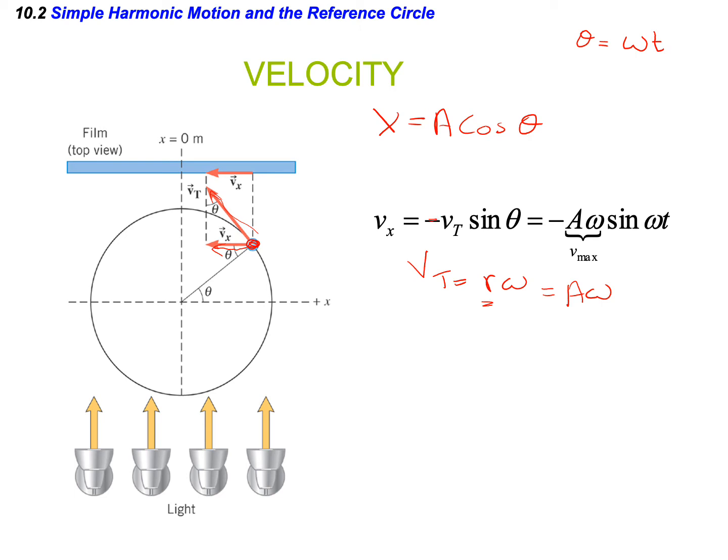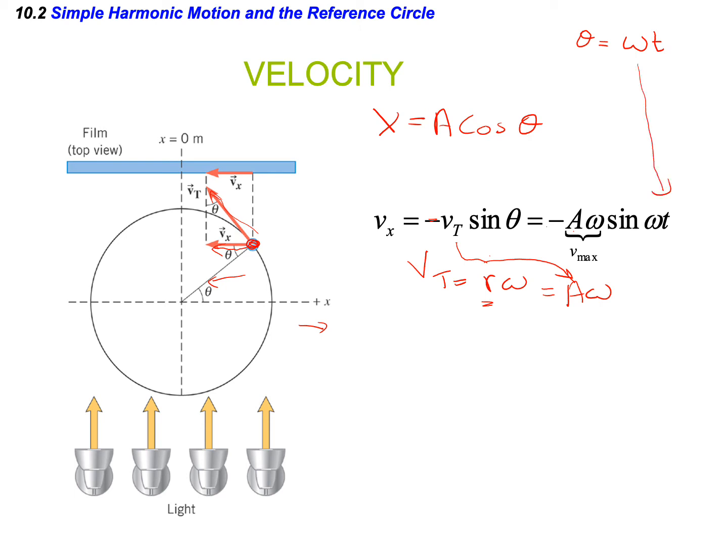You get a negative because Vx is in the negative x direction. This is your positive x direction. If you substitute r omega, or A omega, you get negative A omega, and theta is omega t.